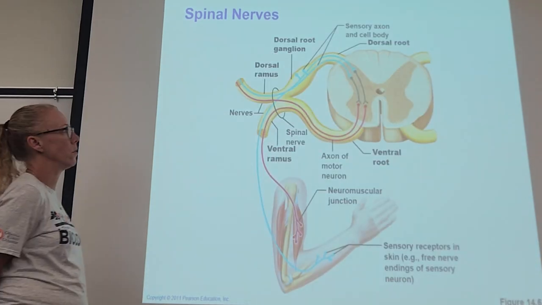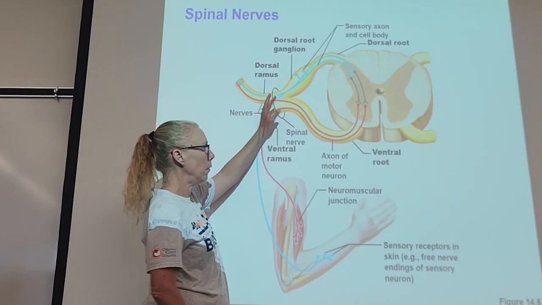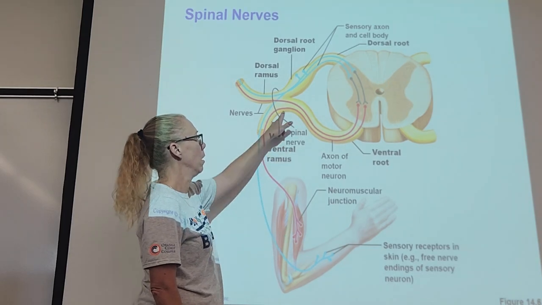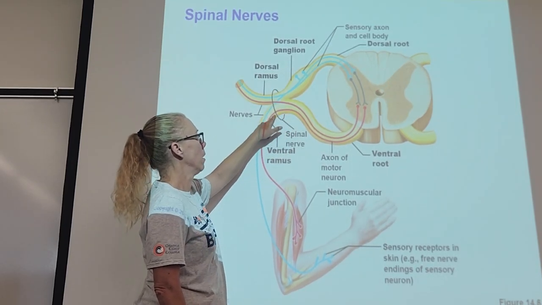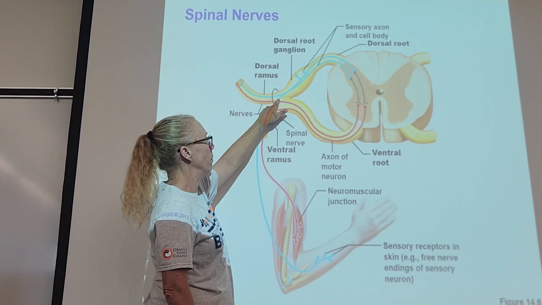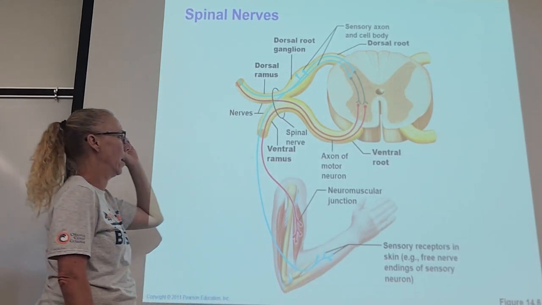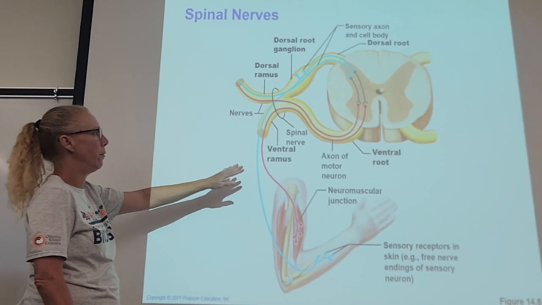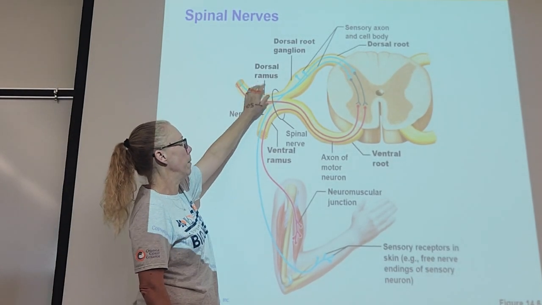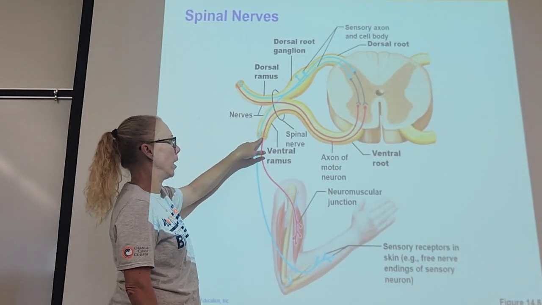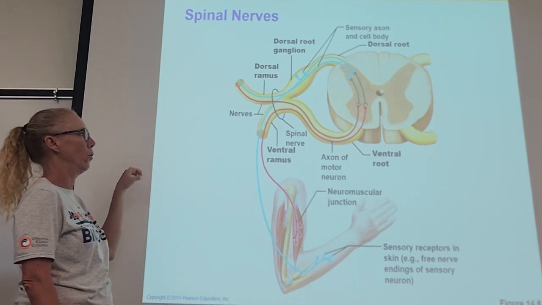Okay, so here's just an example, similar to what we've seen before. Here's our spinal nerve carrying two kinds of information, both sensory and motor. Sensory is blue, motor is red. I talked to you briefly about a ramus. A ramus is the first branching off of a spinal nerve.